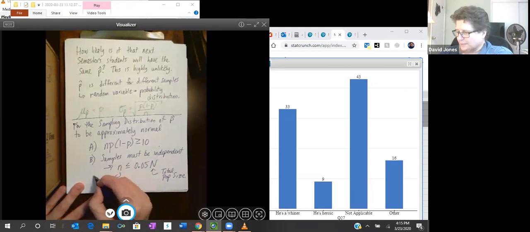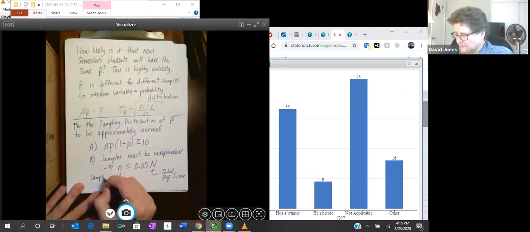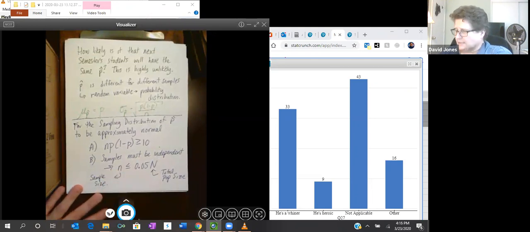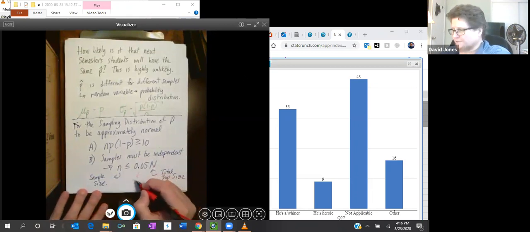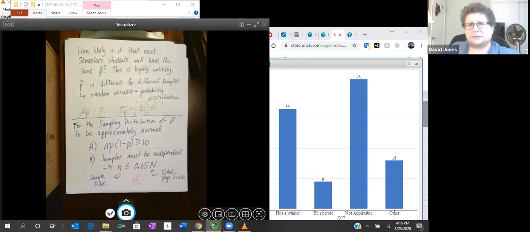And this is our sample size. And this 0.05 corresponds to 5%. Our sample needs to be no bigger than 5% of the overall population. Give you a second to write those down. Then we'll just take a look at some problems.